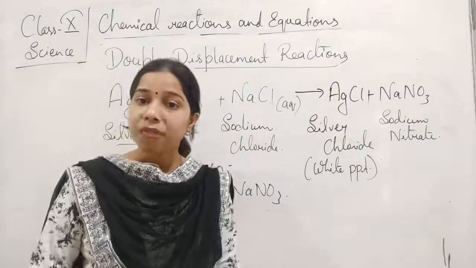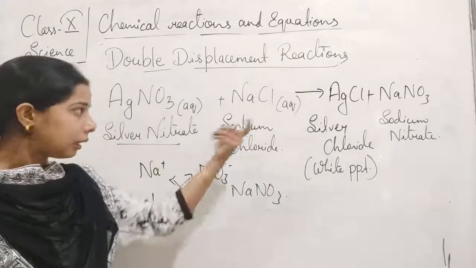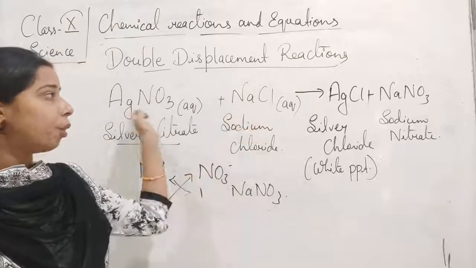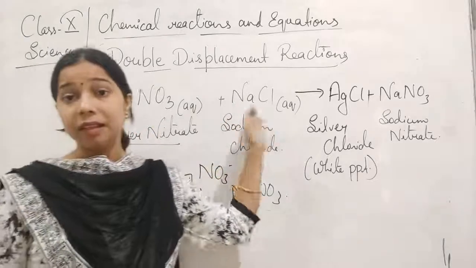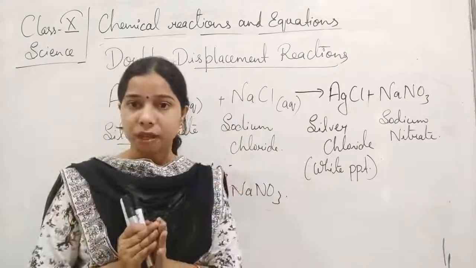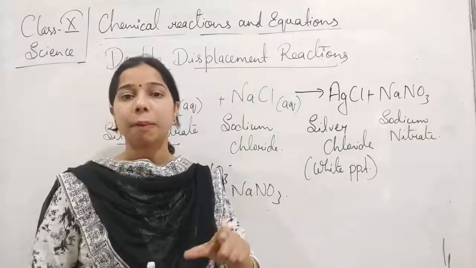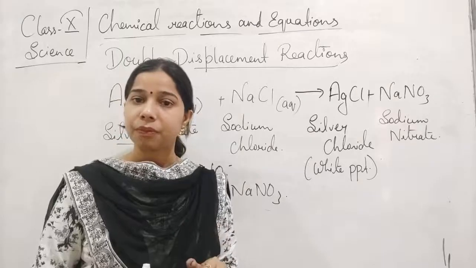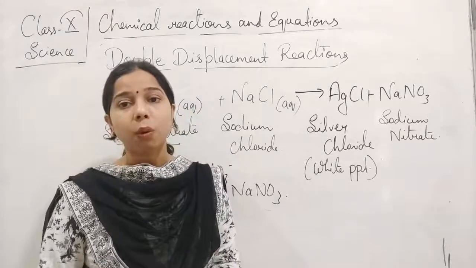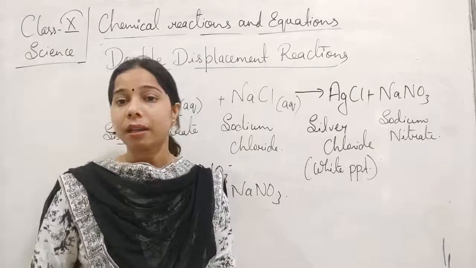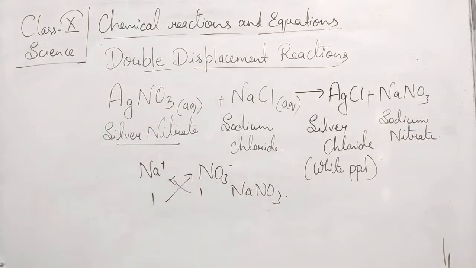So one ion reacts with the other one, or we can say that both of the compounds exchange ions with each other, and thus a new compound is formed here. Okay, so this is also an example of the double displacement reaction, students.